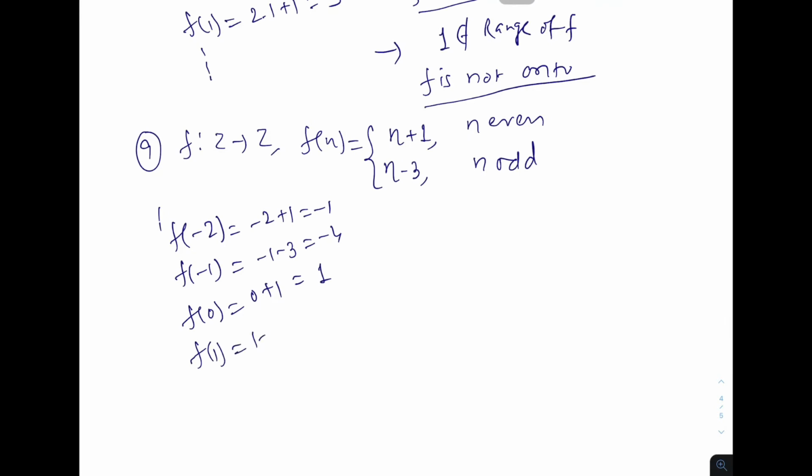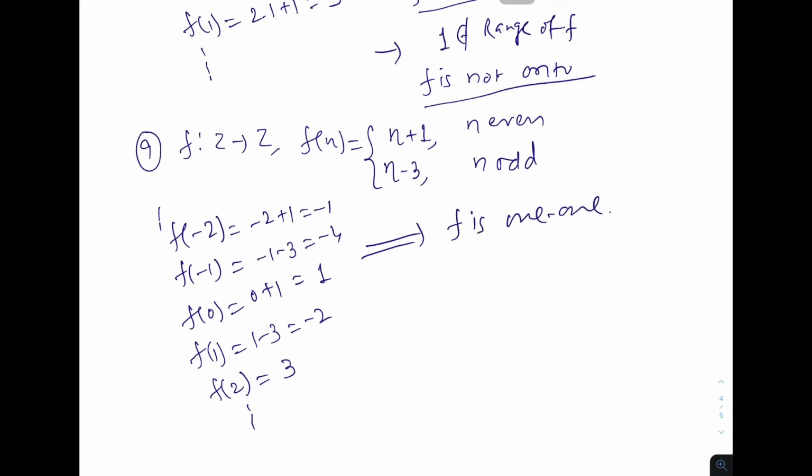F of 1, so 1 minus 3, minus 2. You can have f of 2, so that is 3, and so on. Now just by these few values, you can get the idea that the images are not repeated. So looking at this, we can definitely say that f is 1-1.